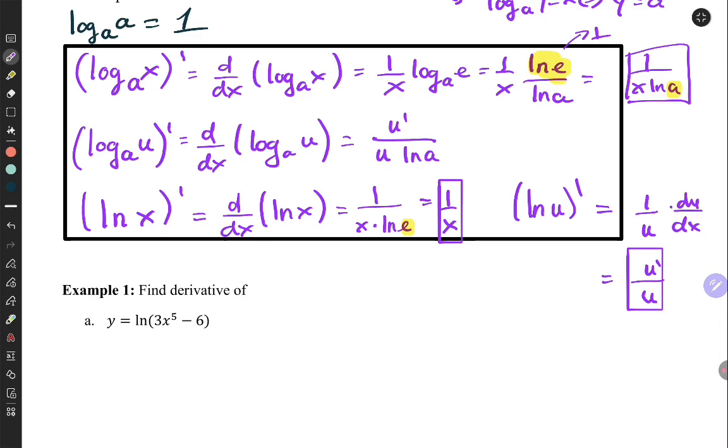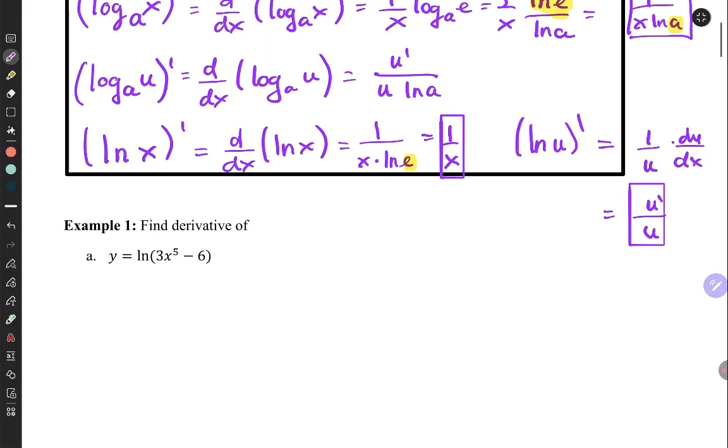But the most important ones are these 2 down here: the derivative of natural log, and the chain rule version. Now you have the formula. Try that y prime. Pick the correct formula and apply it to this: ln of x or ln of u.